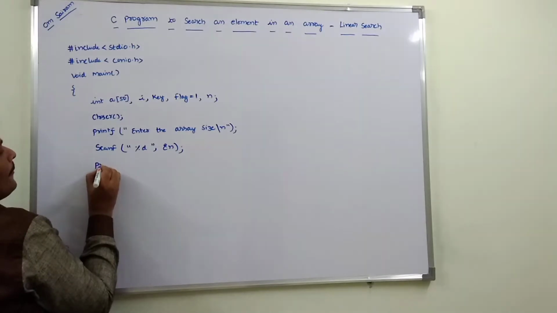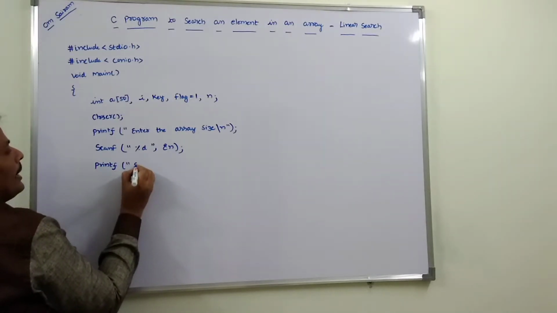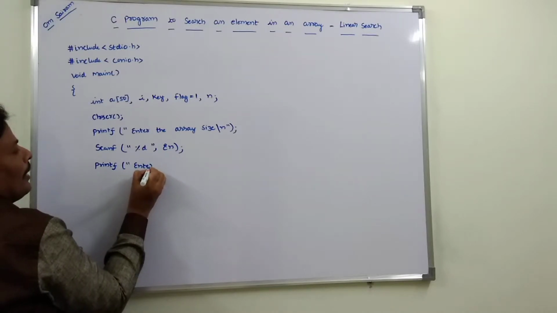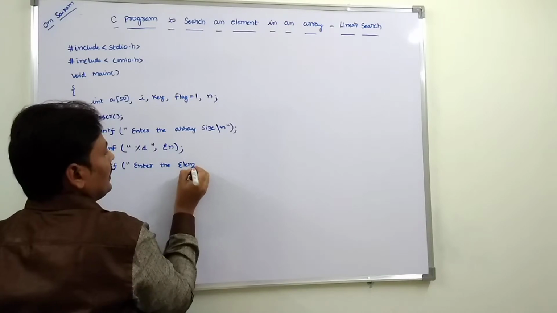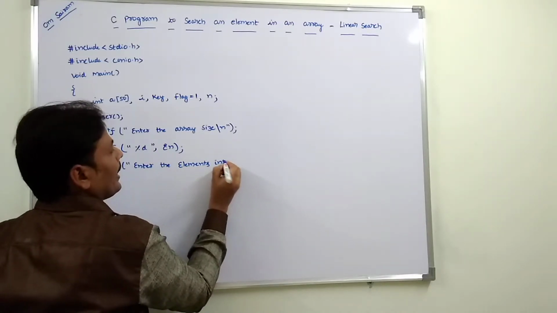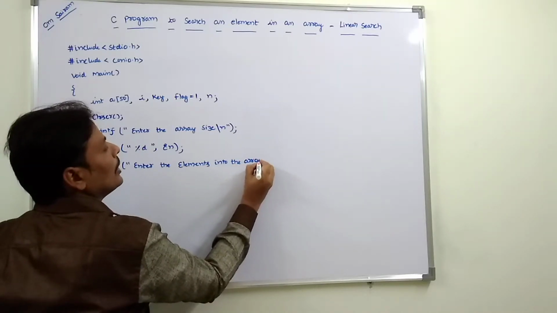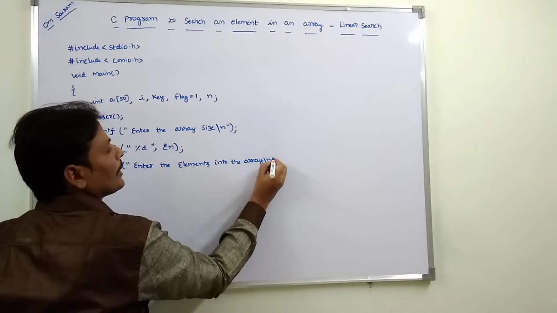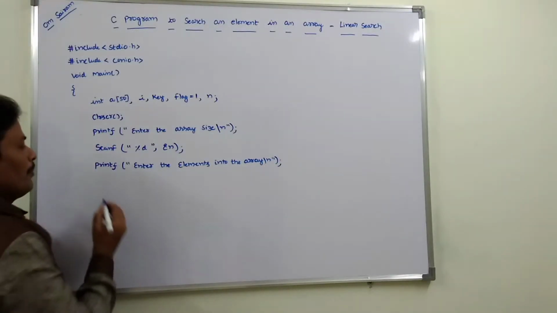Next, printf, "Enter the elements into the array". Now we have to read the elements from the keyboard by using the scanf function.